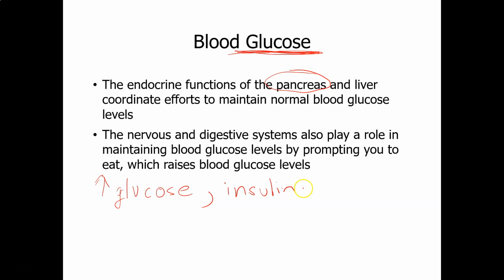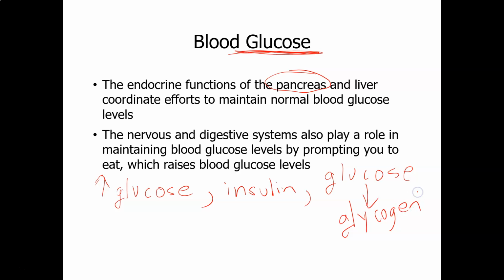The insulin travels to the liver and it binds to receptors on the liver cells, and those liver cells remove the glucose from your blood, and they store that glucose in long chains called glycogen. So this is what the liver does, is convert glucose to glycogen.